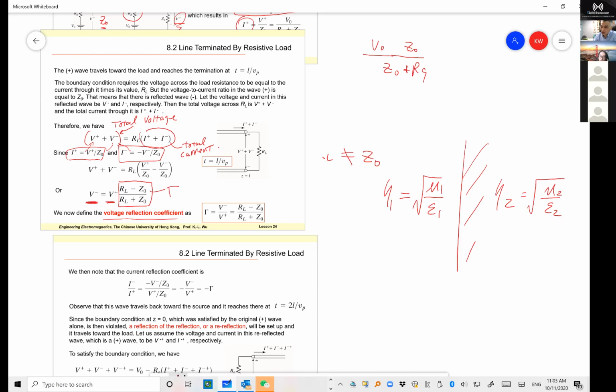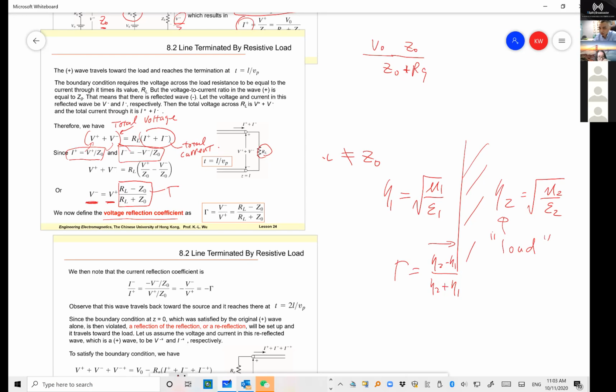This is the load impedance, so eta 2 is the load.